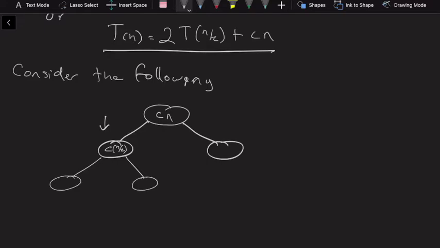So the first half of the array is going to be constant time times n over 2 plus the amount of work taken to do the first fourth and the second fourth. And how long does it take to do the first fourth? Well, it's going to be constant time times n over 4 plus the amount of work taken to do the first 8 plus the second 8.